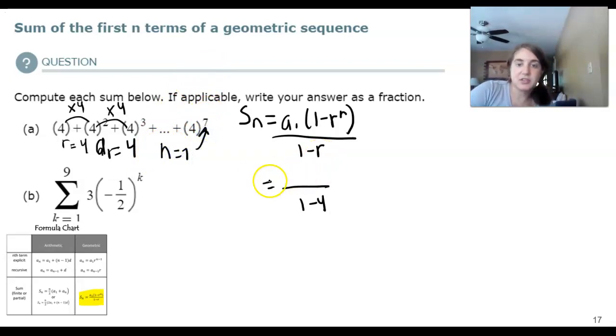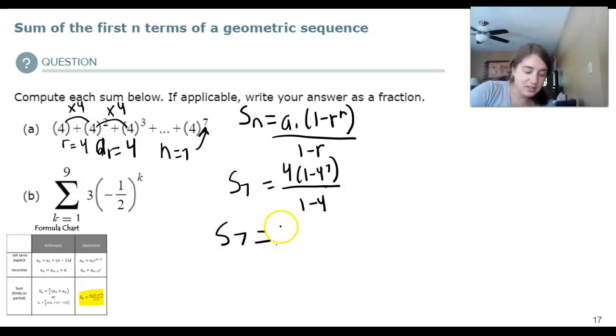I'm going to the 7th term. So 1 minus 4 to the 7th is how we'd simplify that. And what we'd end up with, if we put this in a calculator, is 21,844.